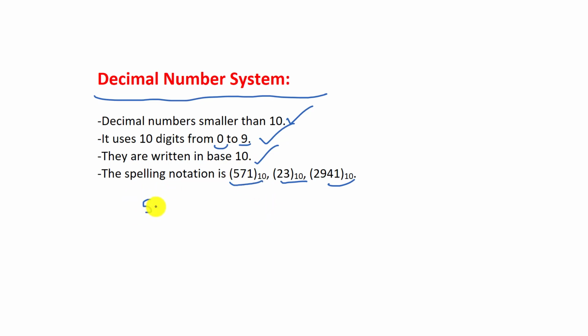For example, 5872 is a decimal number. Each position represents a specific power of the base 10: 2 in the unit position, 7 in the tenth position, 8 in the hundredth position, and 5 in the thousandth position.